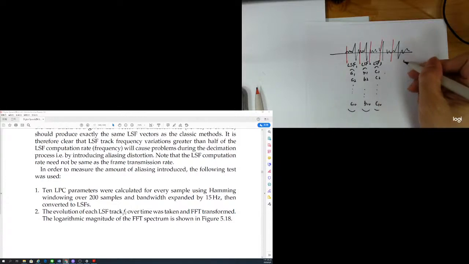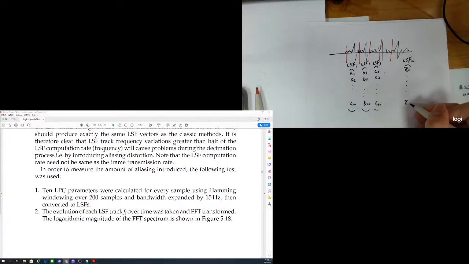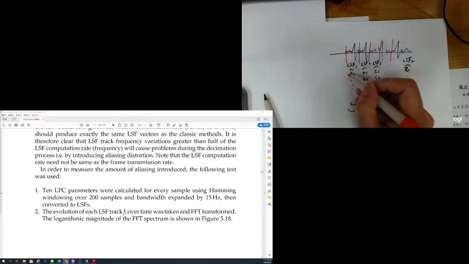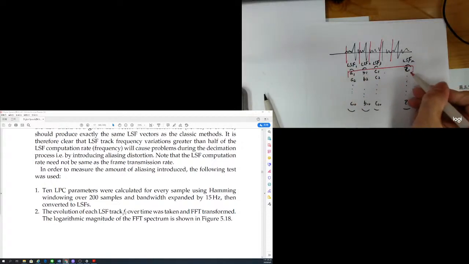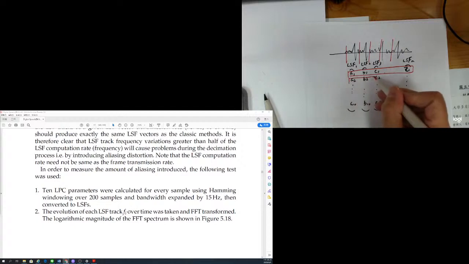And then line spectrum frequency N, maybe index N, could be, I'm not sure, Z1 up to Z10.